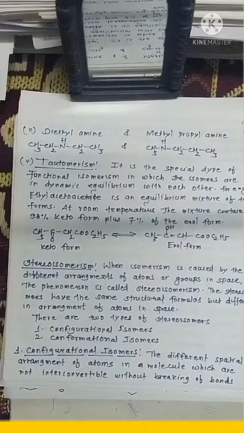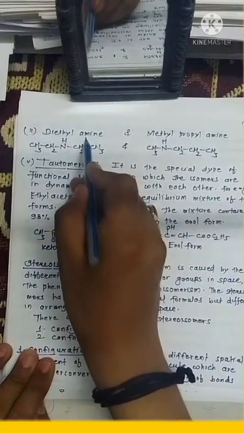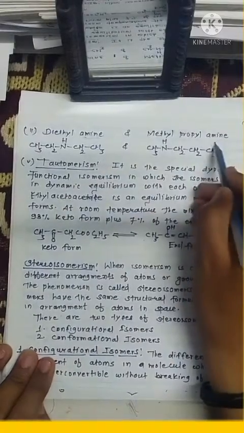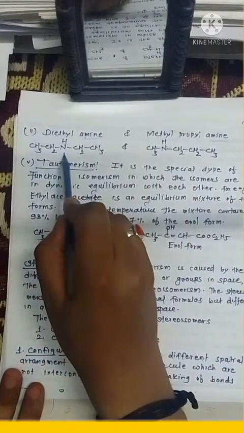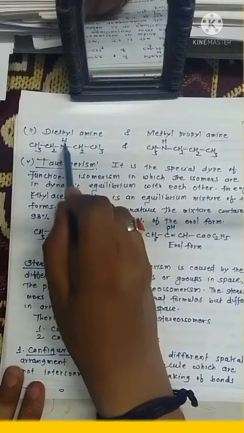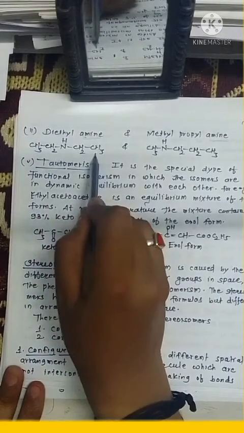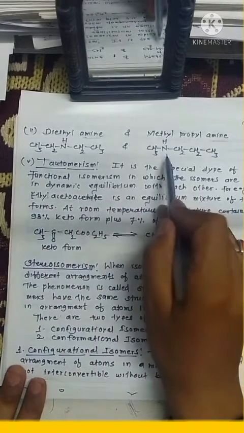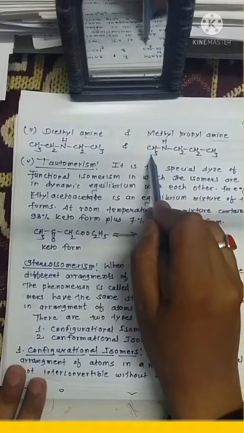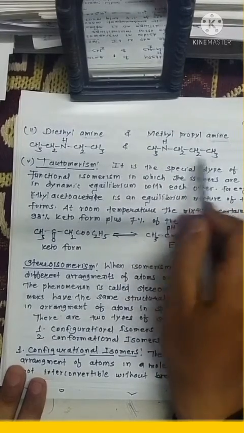Also see the example of diethylamine and methylpropylamine. Both compounds belong to the amine family, but in the first compound, on the amine functional group, the left hand side contains 2 carbon atoms, the right hand side also contains 2 carbon atoms, while in this case the left hand side contains 1 carbon atom while the right hand side contains 3 carbon atoms.